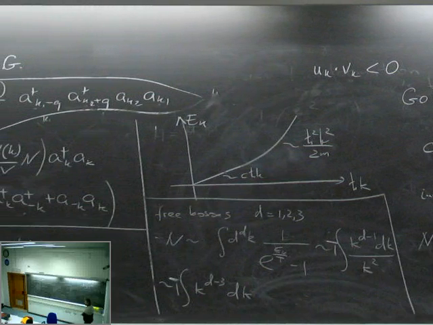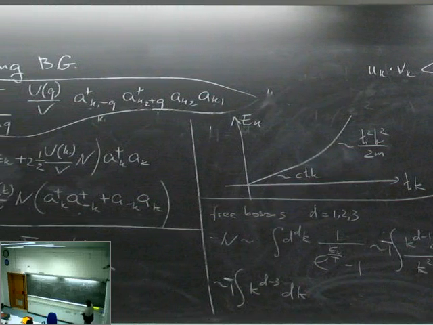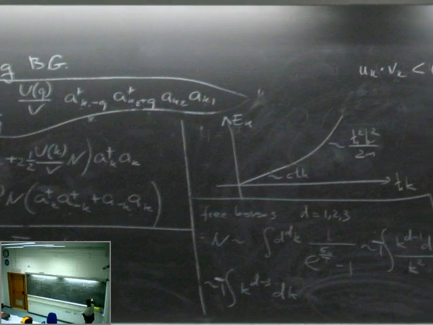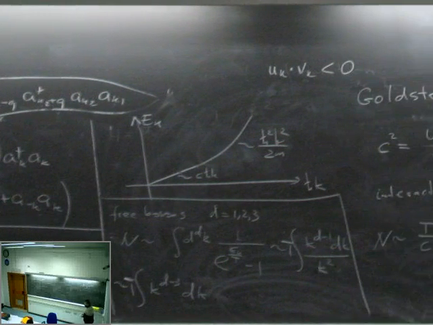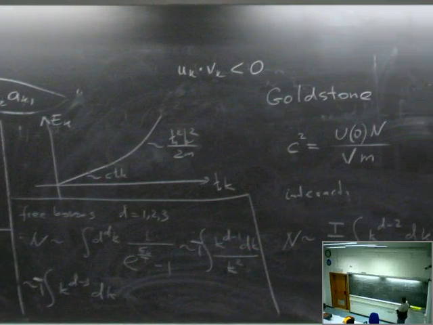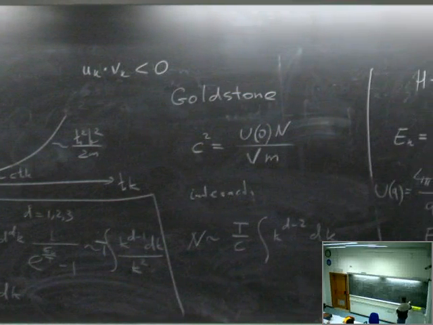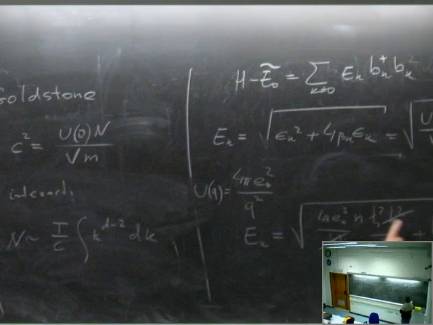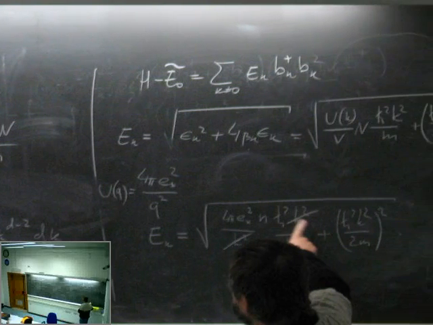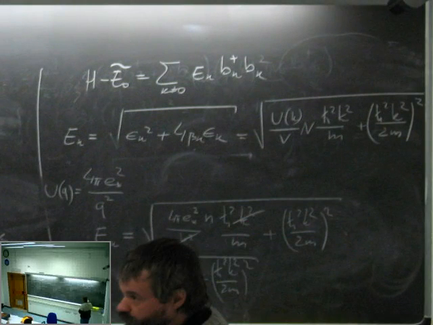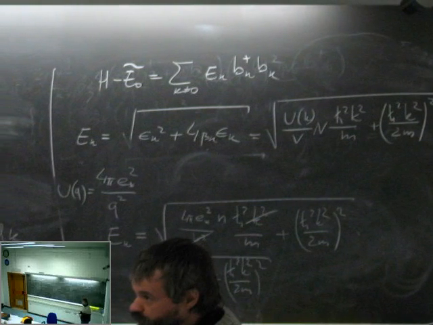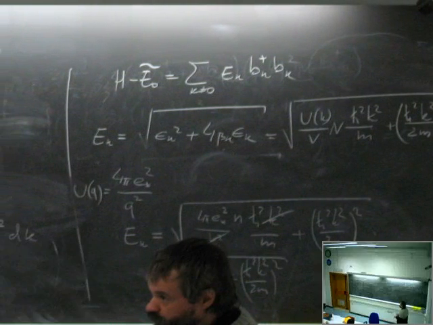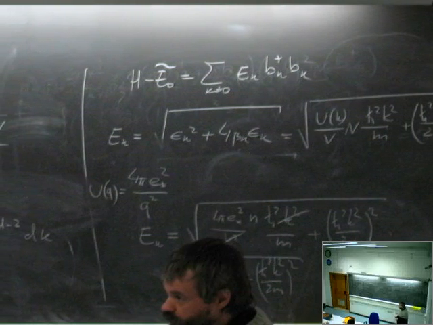So one sees that k squared in the numerator and denominator cancel each other, and we have a gap. The spectrum is gapped. Is there a contradiction with what I have said? No, because the theorem is not applicable for long-range interaction.